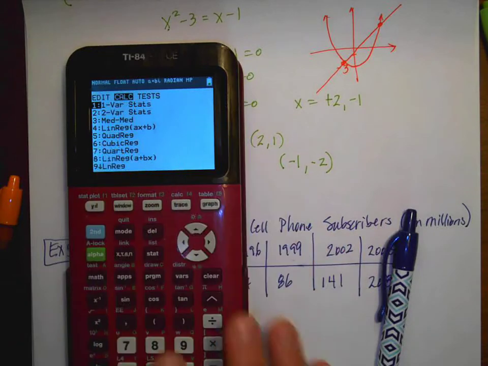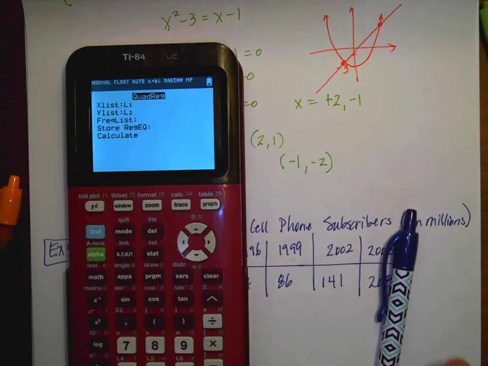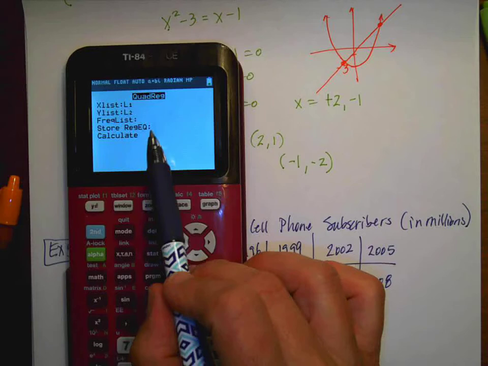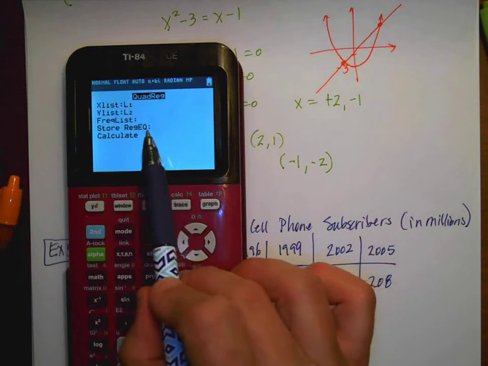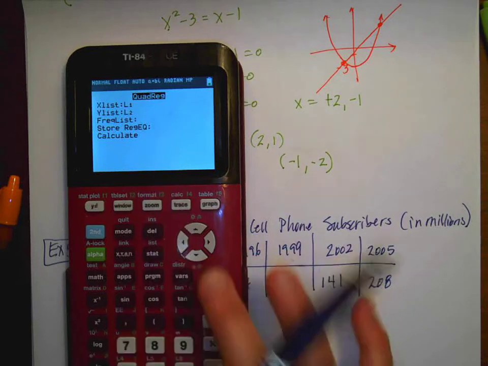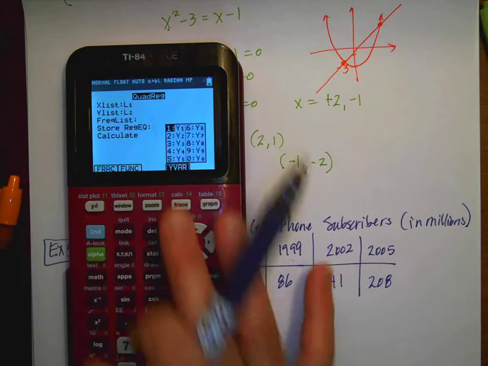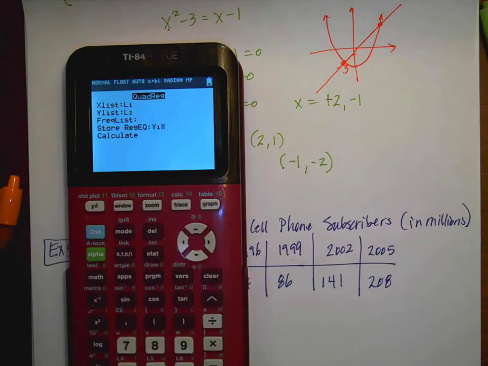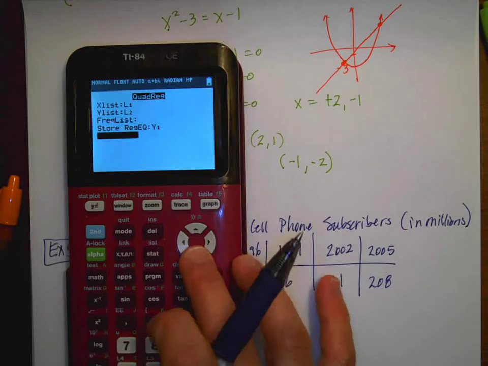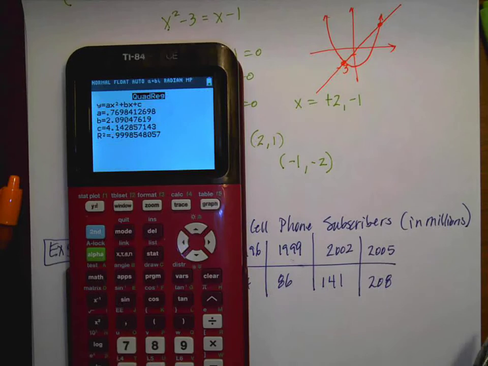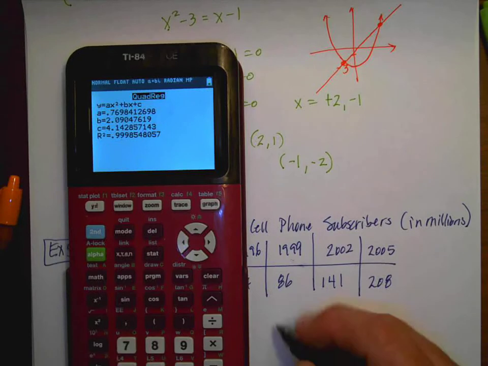I'm going to do stat, calculate, and go down to option number 5, which is quadratic. There are lots of nice things about these calculators, but for regression, I can tell my calculator to do alpha F4 and store my regression equation in Y1. Then I'm going to tell it to go.